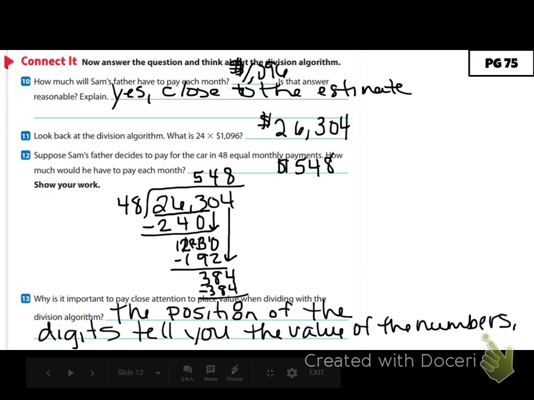If your numbers aren't lined up correctly, you will get different answers. For example, if you put the 5 over the 6, it wouldn't be a 500 anymore, it would be 5,000, and that would give you the wrong answer. So it's very important to pay close attention to where you're placing those numbers.